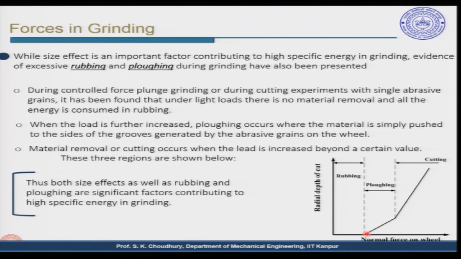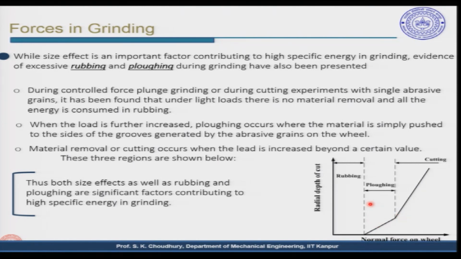After that, with further increase in the normal force, the radial depth of cut starts increasing. Therefore, the material is being removed, but not as much as in the cutting process. In this region there is more of plowing.